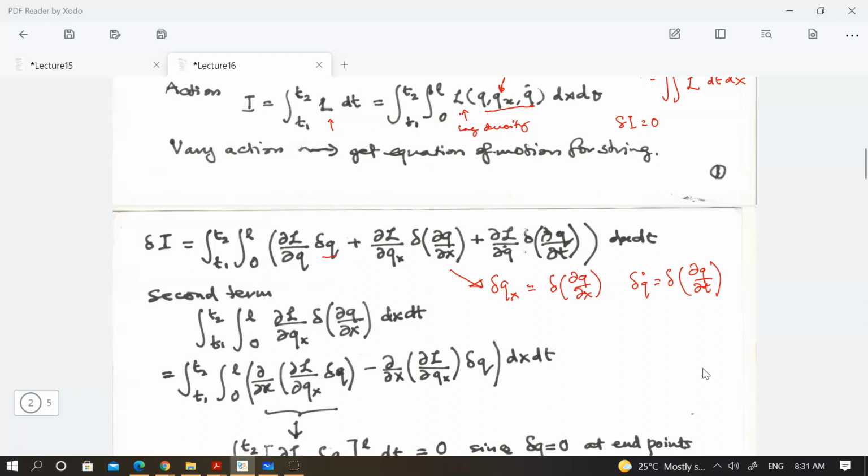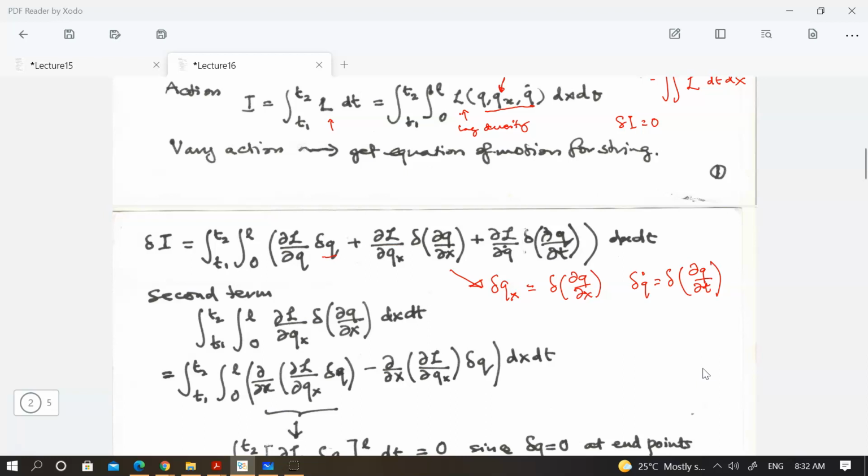Okay, so like before, we would like to have your variation of Q to be a common factor in all these terms. If possible, you want to put delta Q over here, so that you get something times the variation of Q. So we need to look at these individual terms.